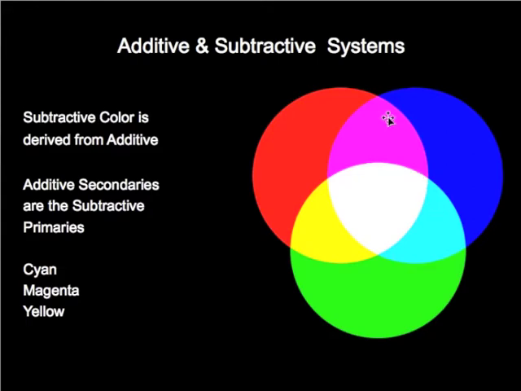So these three hues become the primaries in the subtractive system. And this will be very important to understand when we talk about process printing and how the additive and the subtractive work together, and why these three ink colors, cyan, magenta, yellow, plus black, will give us the whole subtractive spectrum.